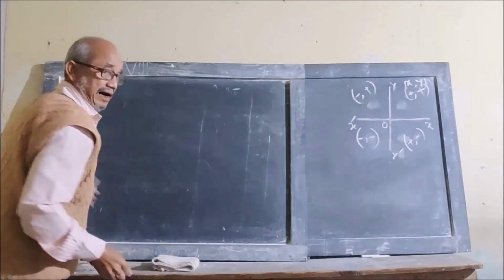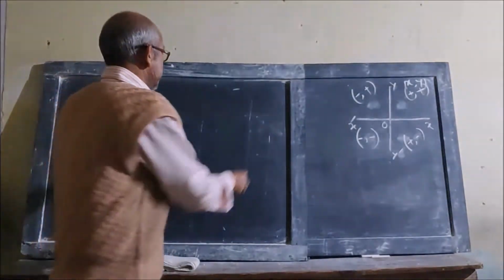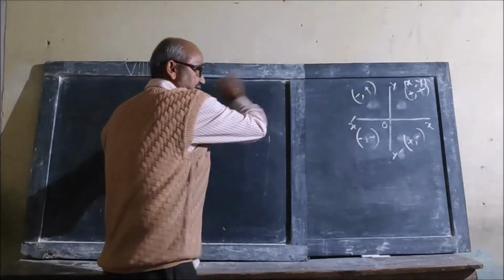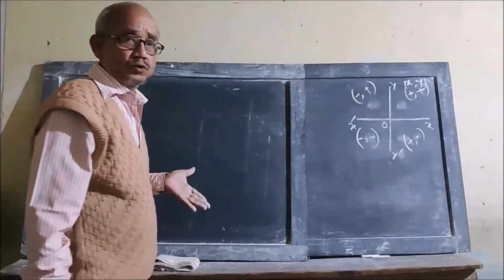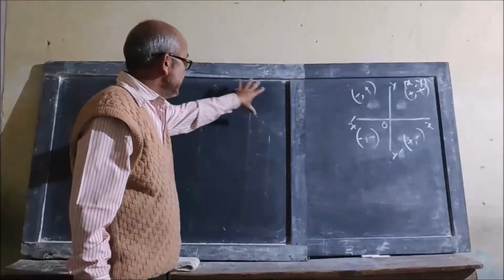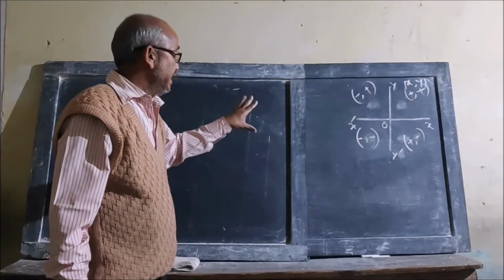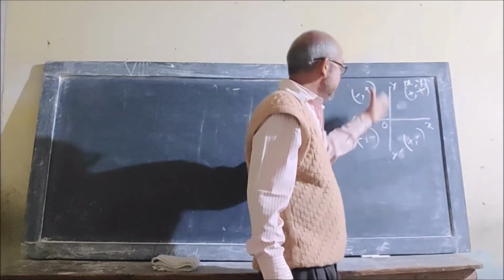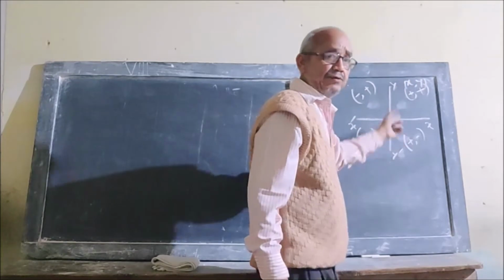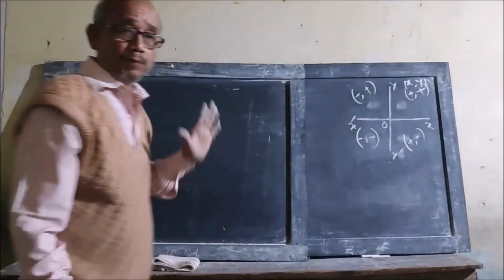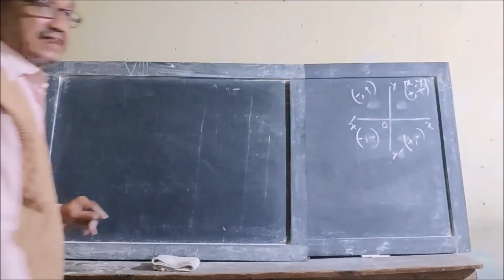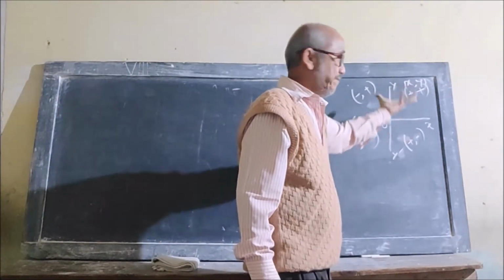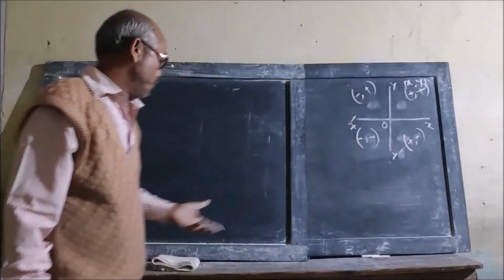Suppose I, or anyone, am going to discuss on that board, and this board is used like a Euclidean plane. When we draw these axes, they divide the whole plane into four regions, which are known as the quadrants. These are the first, second, third, and fourth quadrants.